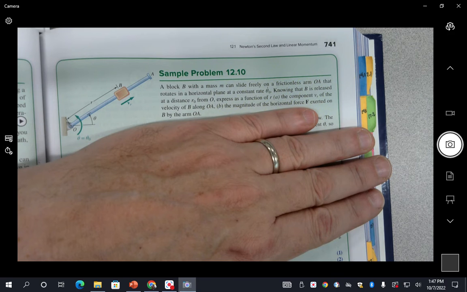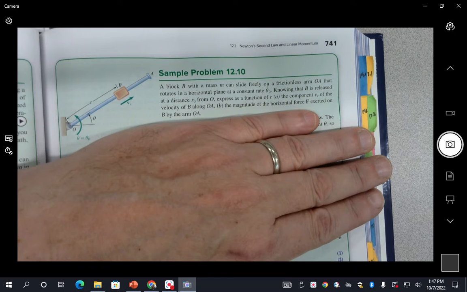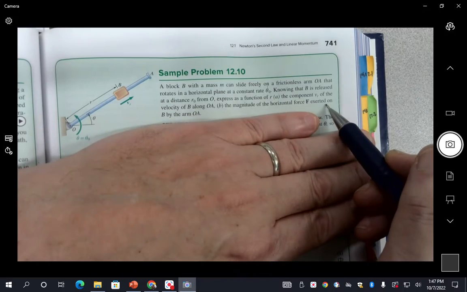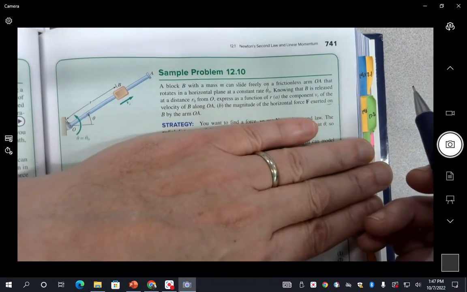Knowing that B is released at a distance R0 from O, express as a function of R: the component VR of the velocity of B along OA, and the magnitude of the horizontal force F exerted on B by the arm OA.